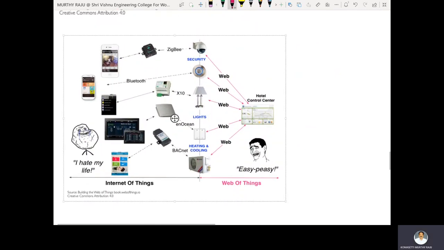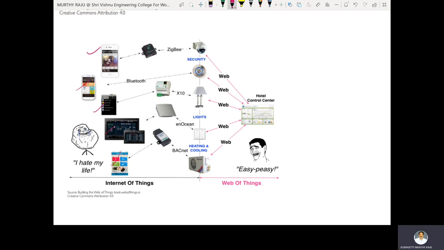These are the different types of devices, the Internet of Things. These devices perform different types of functions. These are Zigbee, Bluetooth, Z-Wave, BACnet, the technologies which are used to operate such devices.